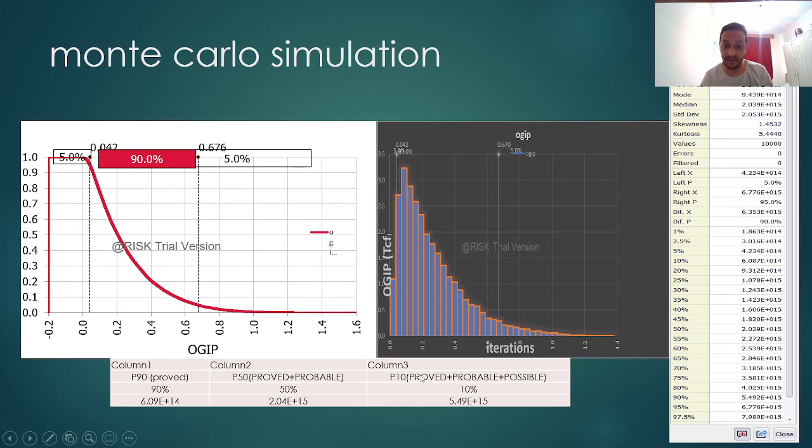And also, finally, P10, which is 5.8, is 5.49 multiplied by 10 to the 15. So as you see here, we got a reliable or reasonable chart that indicates the original gas in place.